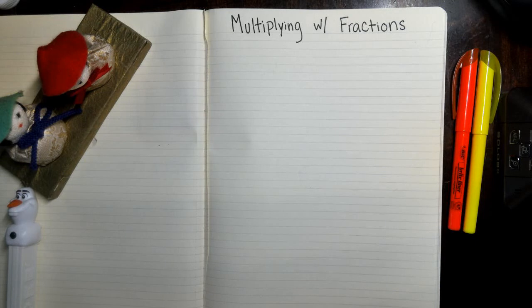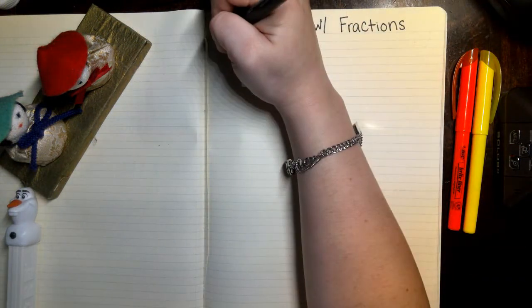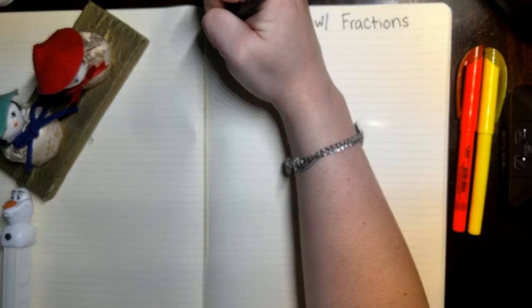So multiplying with fractions, we're going to take a quick little note up at the top that we need to keep in mind for when we're multiplying with fractions. So I'm going to do a little star symbol.